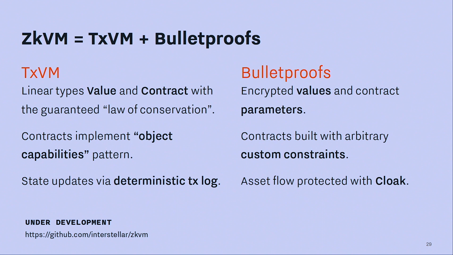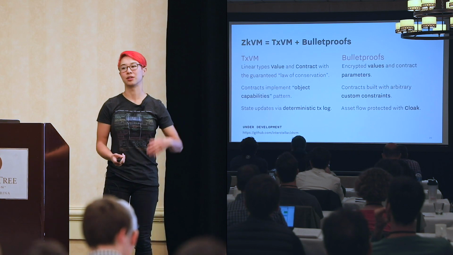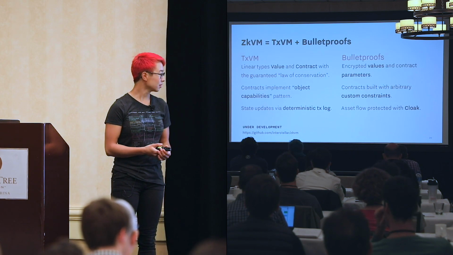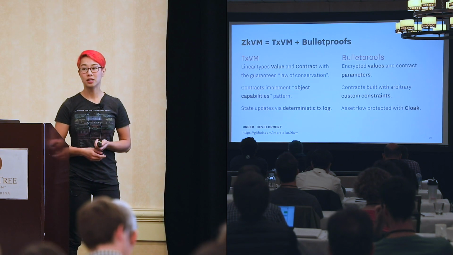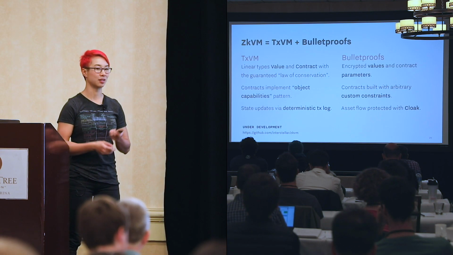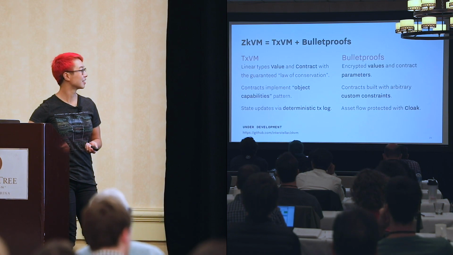And then at the very end, you compile the virtual machine code into a Bulletproofs proof of correct execution. You can build contracts with arbitrary custom constraints, and you can protect asset flow with Cloak, which I explained earlier. So this is currently under development. This is the link that you can go to check it out. And so hopefully we have more exciting news to announce there once we are further along.